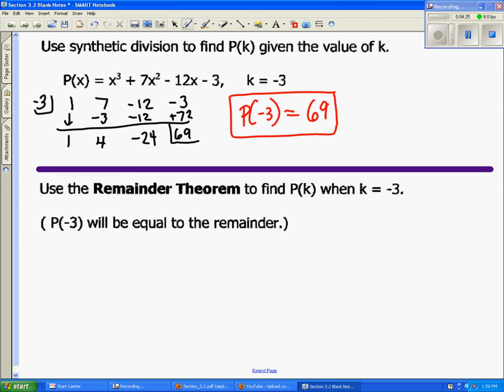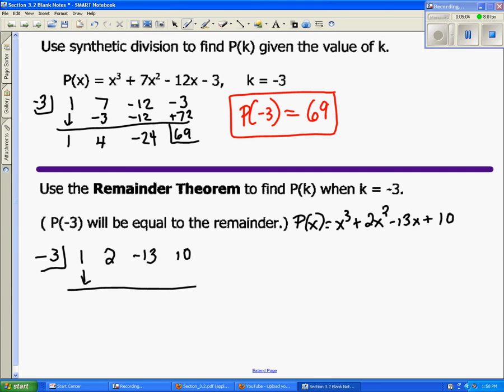So we'll do the same thing with the next example, but I forgot to put the p of x in, so our p of x, I didn't include this, you're going to have to put this in your notes, it's going to be x cubed plus 2x squared minus 13x plus 10. Okay, so it asks us about when it's negative 3. I'm going to put these in descending order, so 1 x cubed, x squared, x, constant.